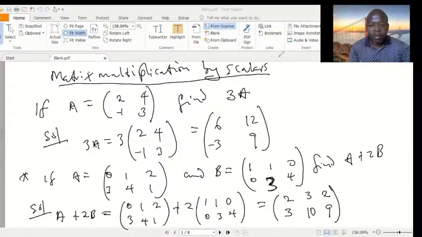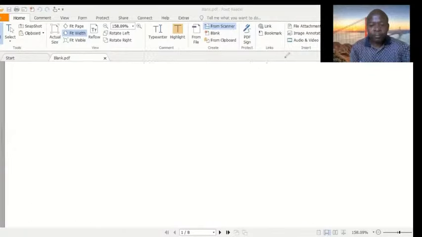Now, I want to remind you how to multiply a matrix by another matrix. Matrix multiplication.